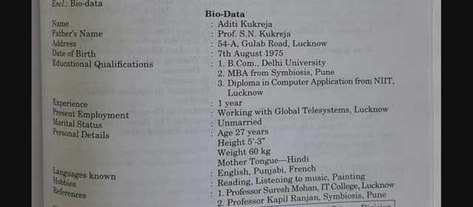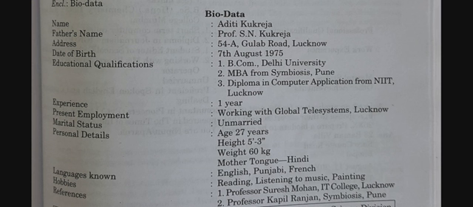Okay, personal details, age 27 years. Here they have given the height also, height and weight. Height and weight are not needed in the case of a biodata, so you need not mention them, because it is not for some kind of army or police jobs where height and weight are required.